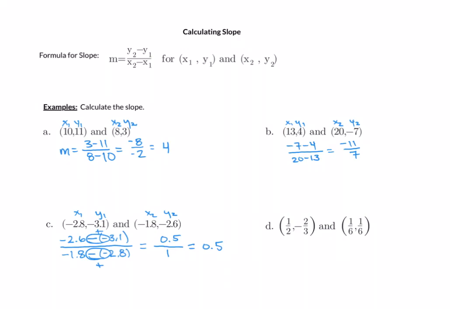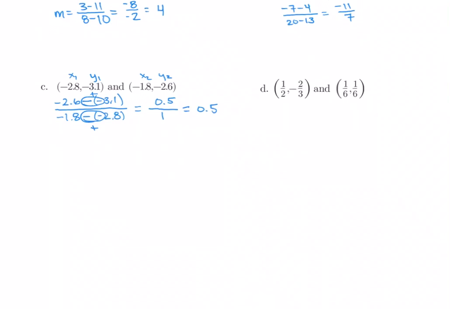Okay, so let's look at example D. Now, when working with fractions, I write it a little bit differently because I don't want a complex fraction. Again, let's label our coordinates.